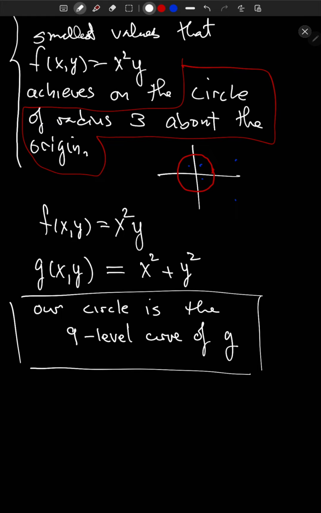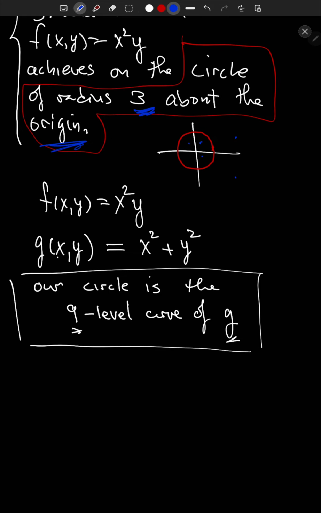All right, so our circle is a level curve of g, and it's the 9-level curve because what is the 9-level curve of g? It's where I plug in 9 for g. And so that's going to be 9 equals x squared plus y squared, and 9 equals x squared plus y squared is exactly the circle of radius 3 about the origin. Okay. So our circle is a 9-level curve of g.